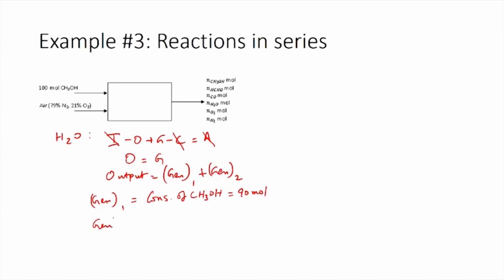Similarly, generation of water in reaction 2 will be equal to consumption of formaldehyde in reaction 2. We know that consumption of formaldehyde in reaction 2 is 15 moles, thereby giving the generation of water in reaction 2 to be 15 moles. So, the output is basically the summation of these two. So, N_H2O is equal to 90 plus 15, giving us 105 moles.